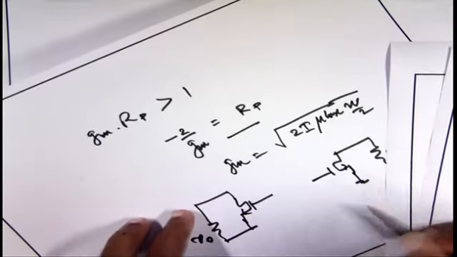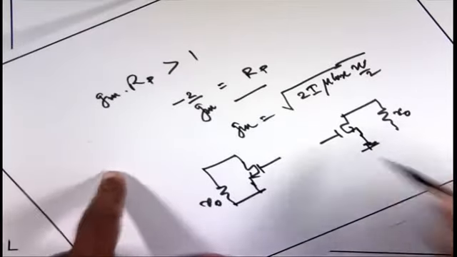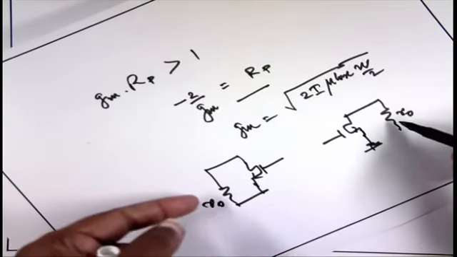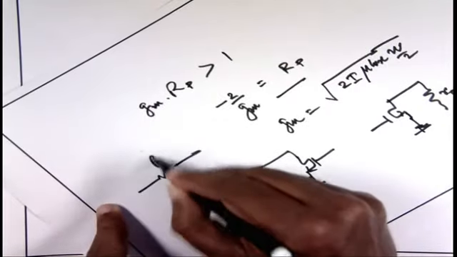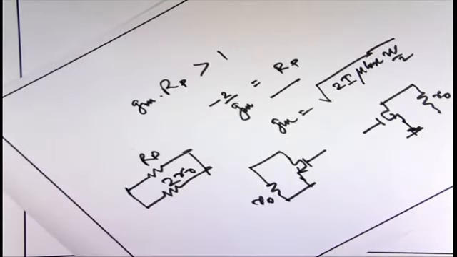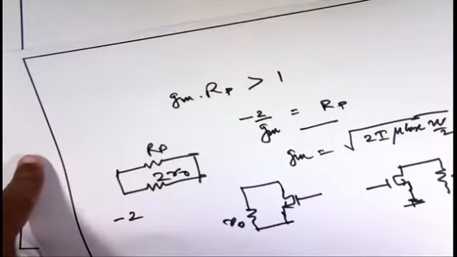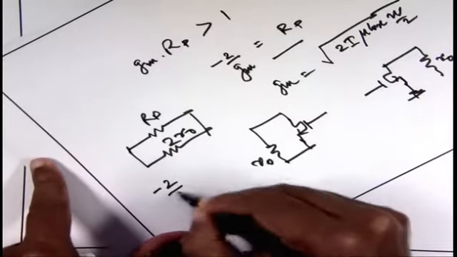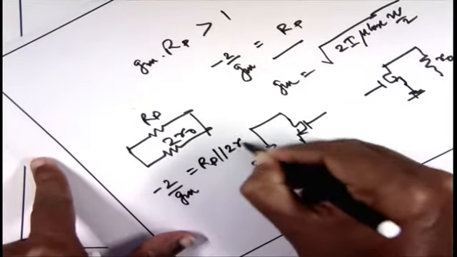So what happens if you just imagine this? Both resistances come in series and act in parallel with RP, so RP will be in parallel with twice R0. You have to compensate RP parallel twice R0 with the GM, so your gain condition will be like this: -2 by GM should compensate RP parallel twice R0.